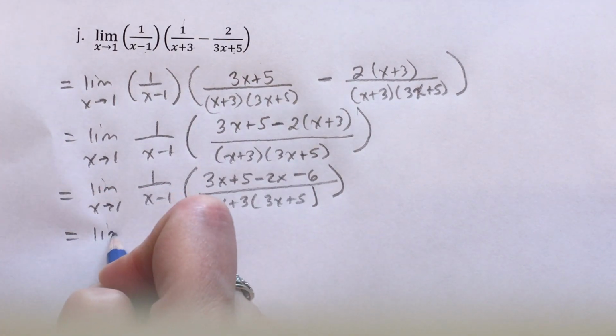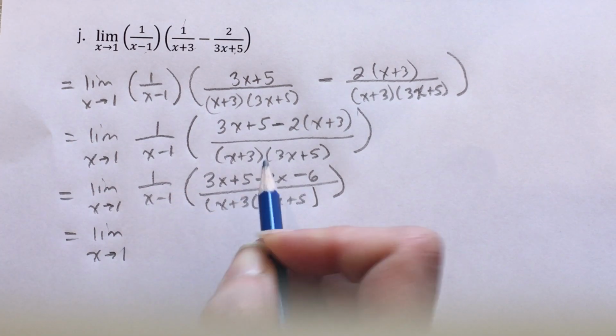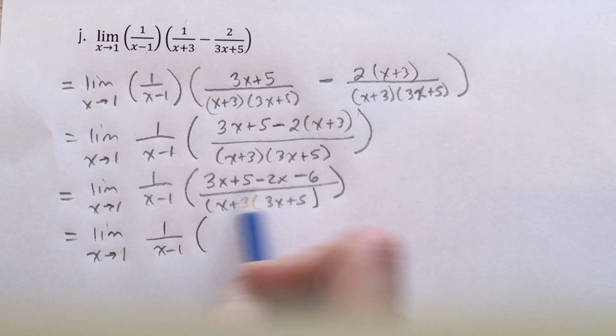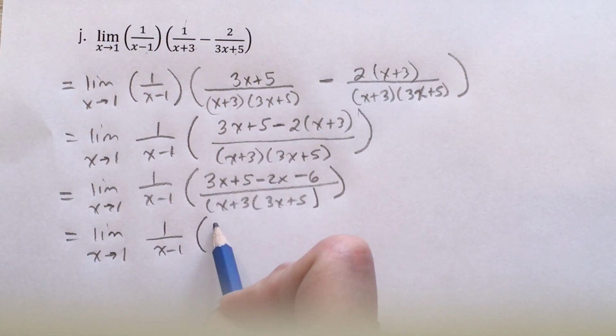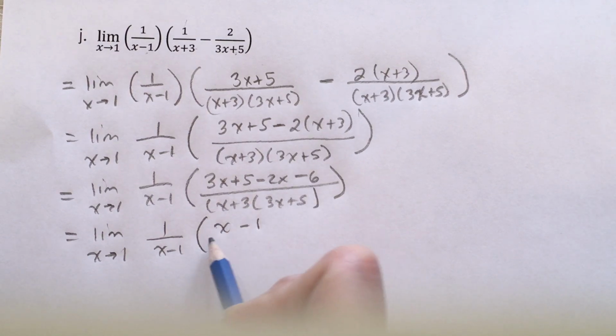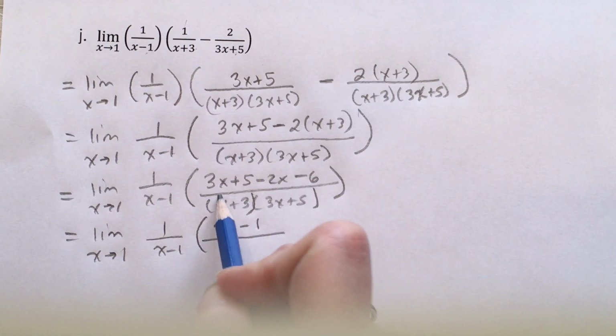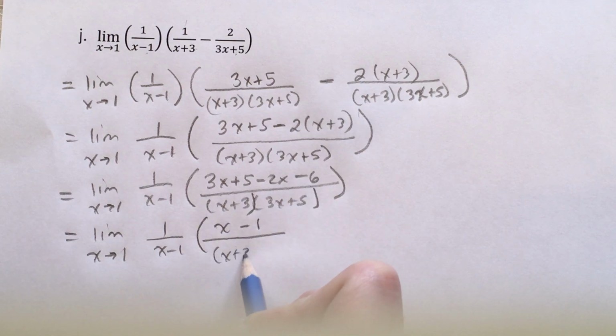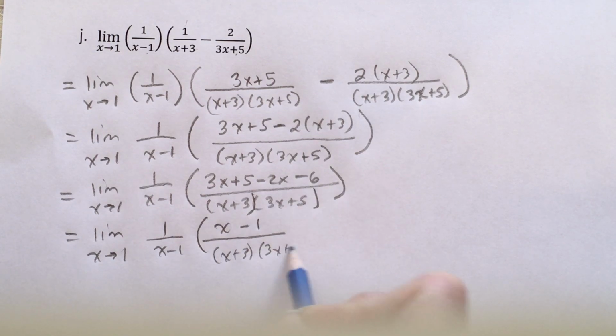which is the limit as x approaches 1 of 1 over x minus 1. So that's going to give me 3x minus 2x is x minus 1 over x plus 3 times 3x plus 5.